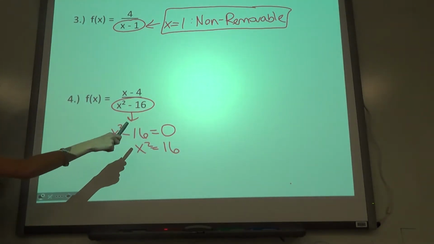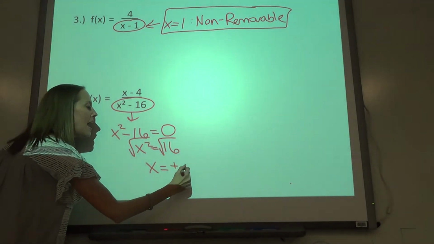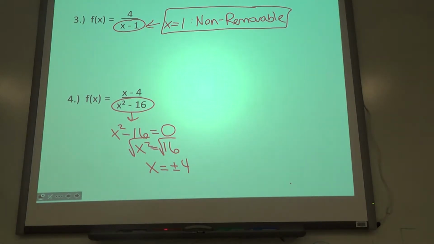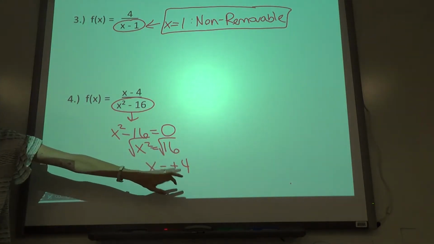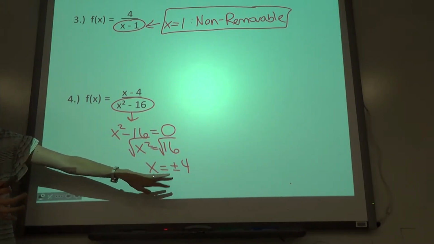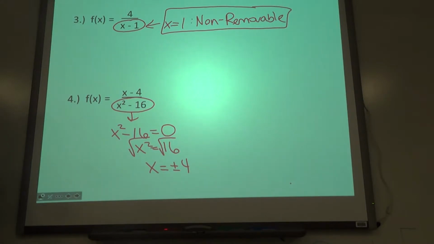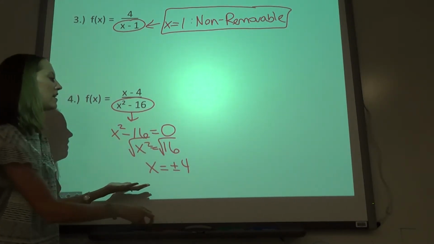So add 16 to both sides, square root both sides. I'm worried about positive 4 and negative 4. I like to do this part first because then when I graph it, I know where to look. I need to look at positive 4 and negative 4.